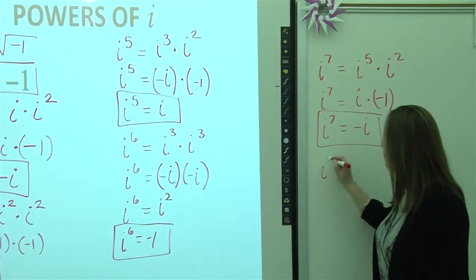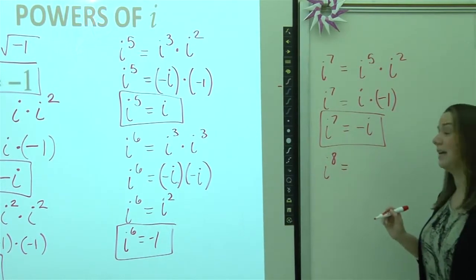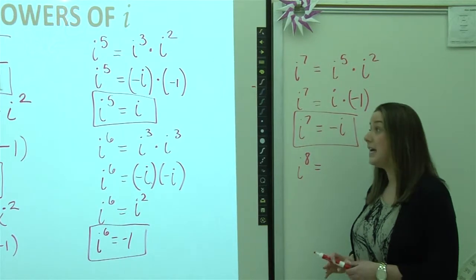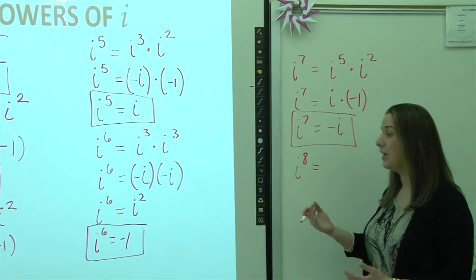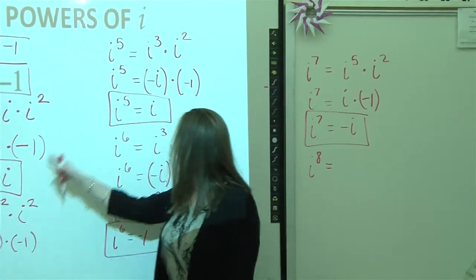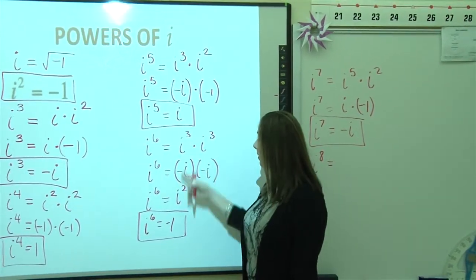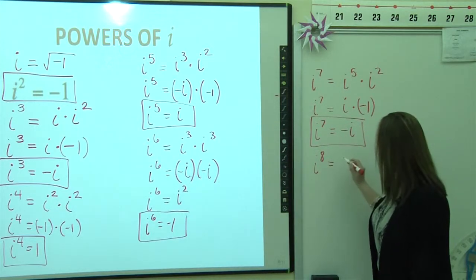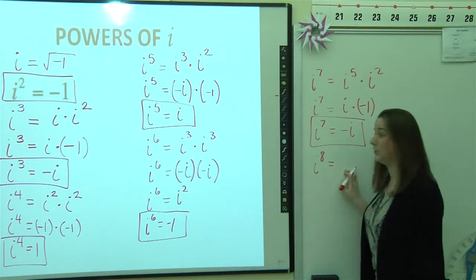What do we think is going to happen for i to the eighth if we look at what's going on? Is there a pattern? And yes, there is. Every time we get a cycle of 4, it repeats. So i to the fifth was i, then we went to negative 1, then we went to negative i. So we should end up with 1 here if this pattern is correct.